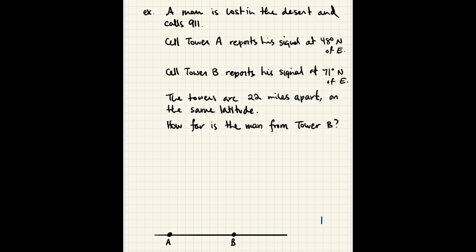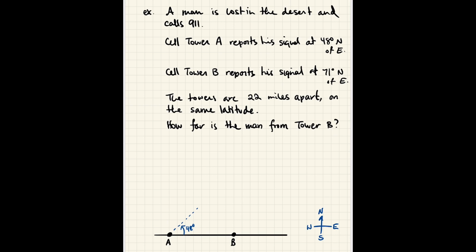Okay, well, here are the cardinal directions. That's north, and east is to the right. There's west and south. So 48 degrees north of east would be about this way, right? So it means that the 48 degrees is read that way from angle A here.